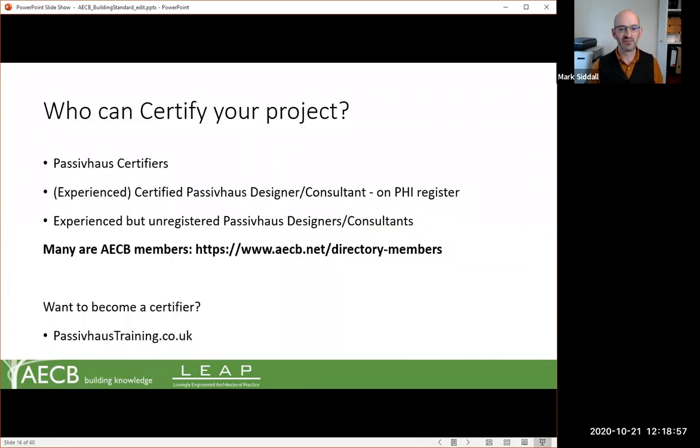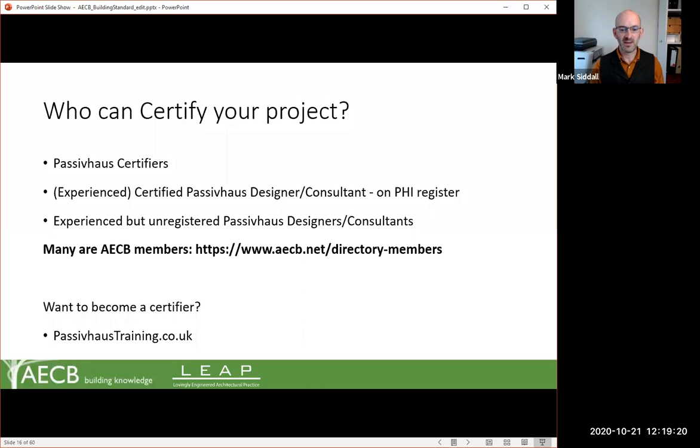So who can certify your project? This is one of the key questions that we often get asked. Basically, Passivhaus certifiers are very well suited to certifying your project: experienced certified Passivhaus designers on the Passivhaus Institute's register, who are maintaining their CPD.